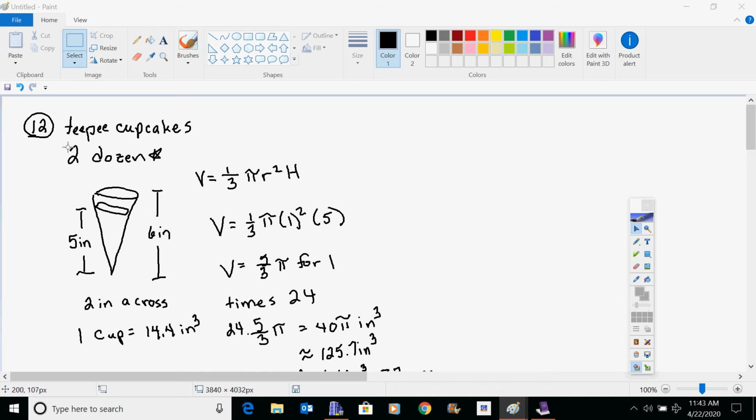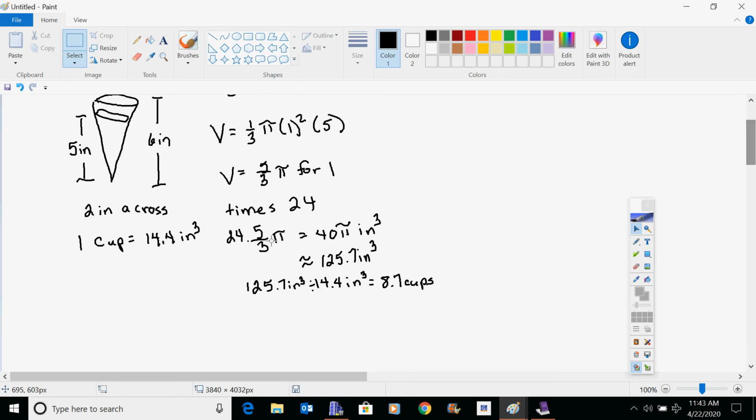But we need to make 2 dozen cupcakes. So since we're making 2 dozen cupcakes, we multiply the volume of batter for 1 times 24, which gives us 40 pi cubic inches. When you put 40 times pi in the calculator, you get 125.7 cubic inches.